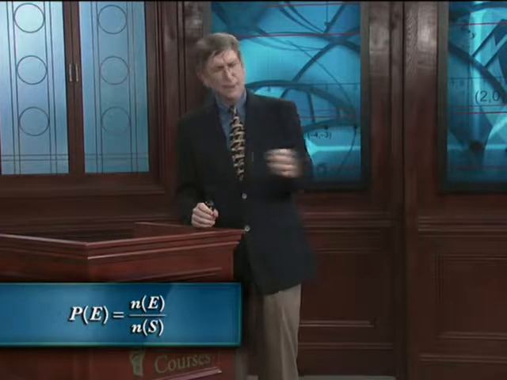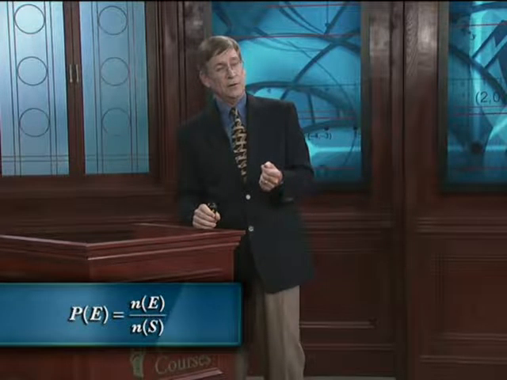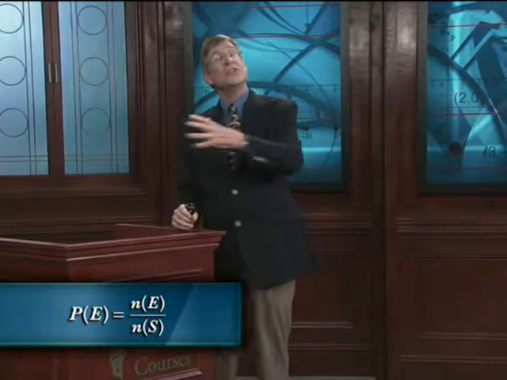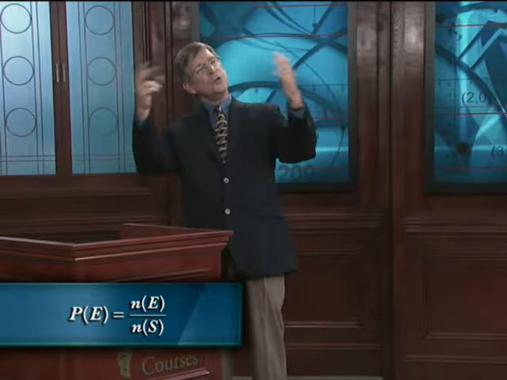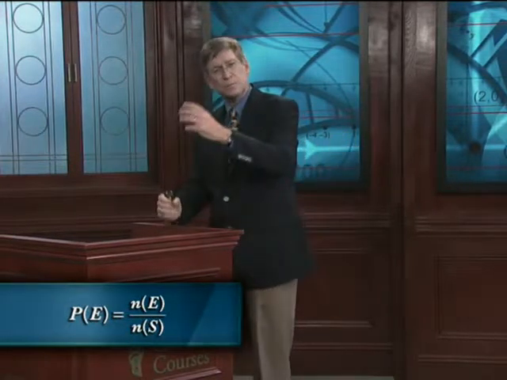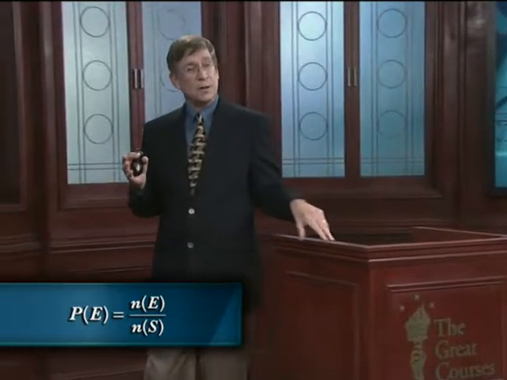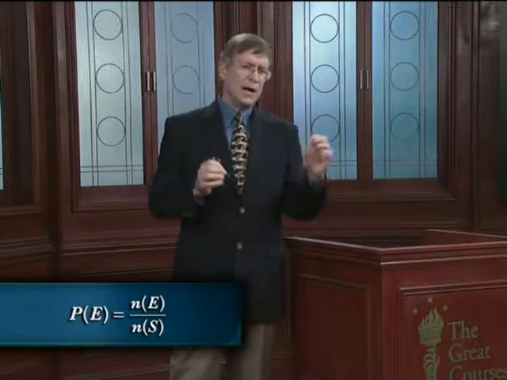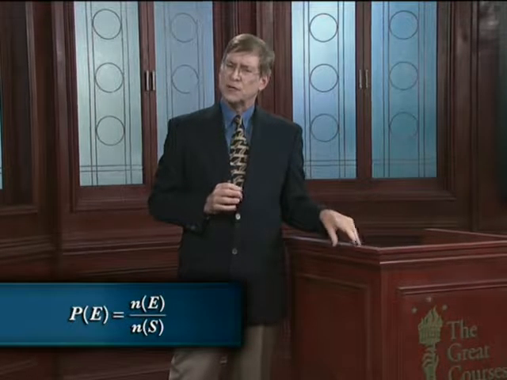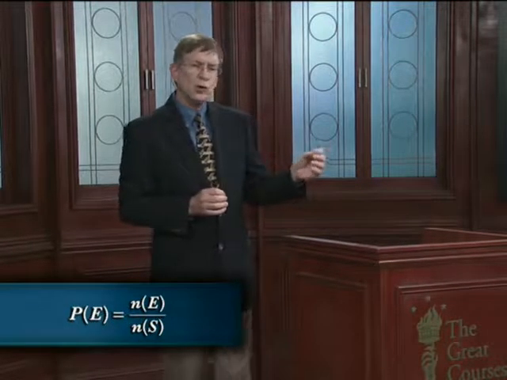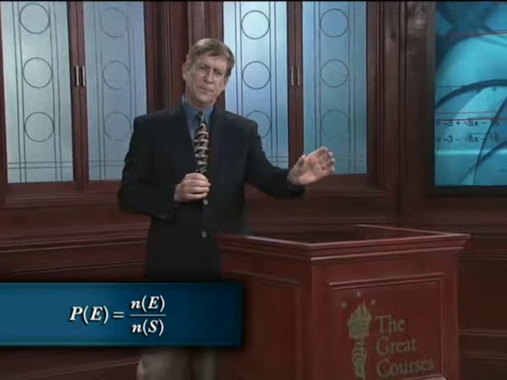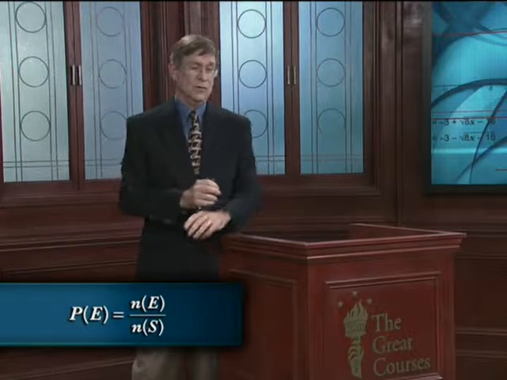The first die, there are 6 possibilities, aren't there? And the second die, there are 6 other possibilities. So all told, there are 36 possible outcomes here. So the sample space has 36 possible outcomes. But to get a 7, you have to roll the dice a little bit special. For instance, you might roll a 1 with one die and a 6 with the other, and that produces a 7.